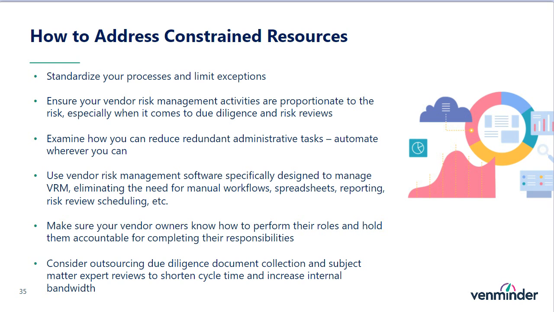And then last but not least, if you're really still overwhelmed and due diligence and risk reviews are piling up, consider outsourcing it. There are lots of organizations that do a great job with these third-party risk management services. And the best part is that you can actually often shorten the cycle time and improve your internal bandwidth so you can focus on other things.